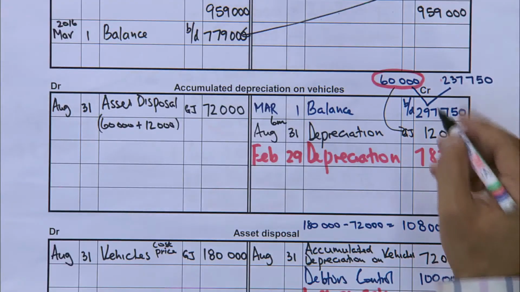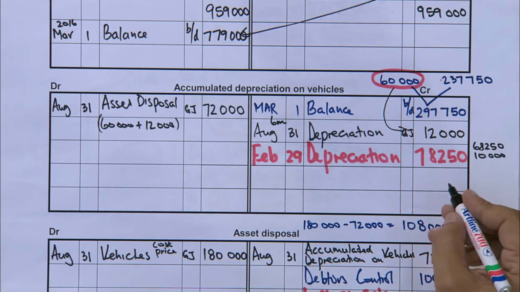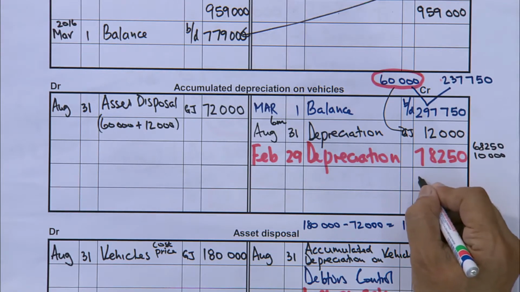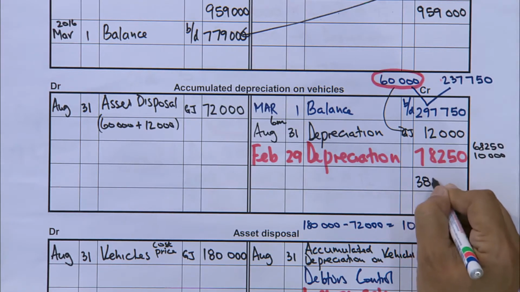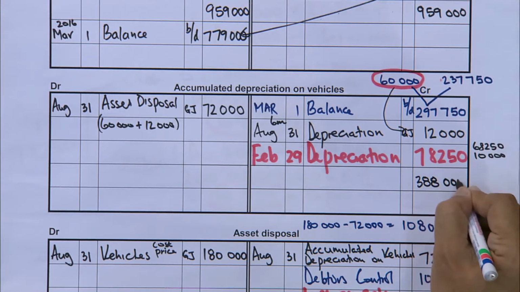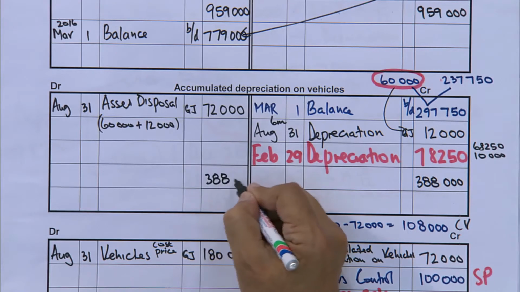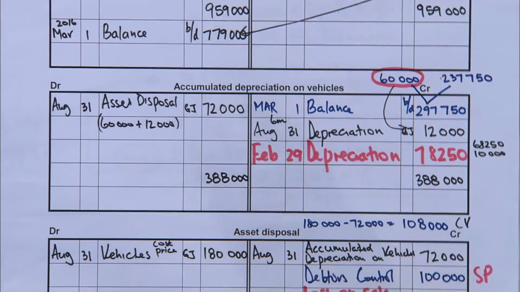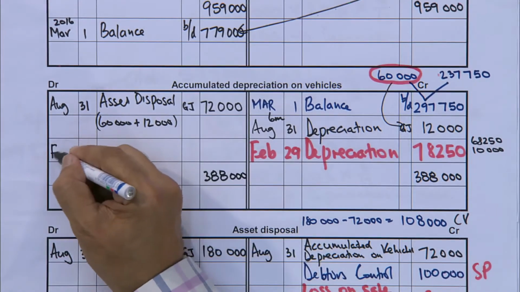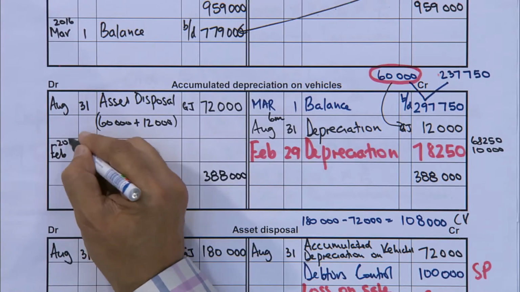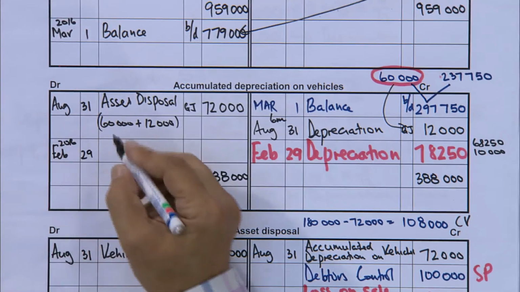Okay? And in the same way, we have to balance the accumulated depreciation account. Right, so we have to add this over here on the credit side. We get that total, which is 388,000. We balance at the end of the year, so it's Feb 28 or 29.